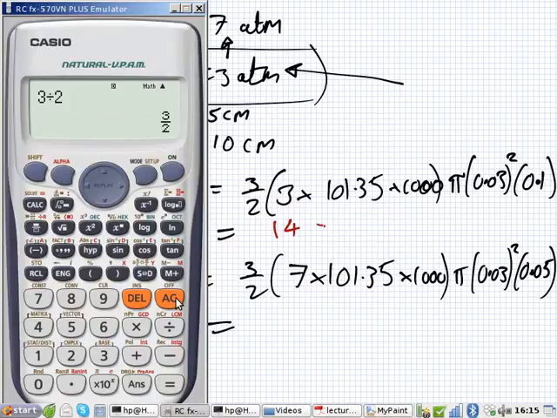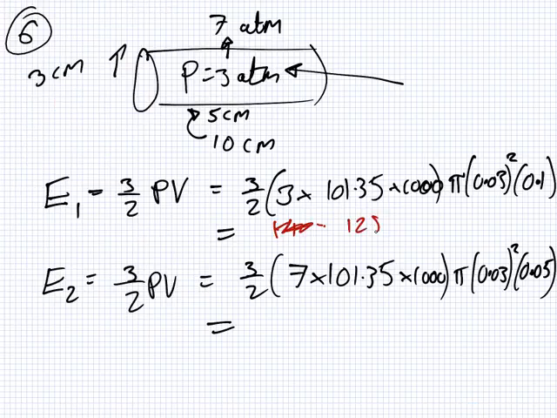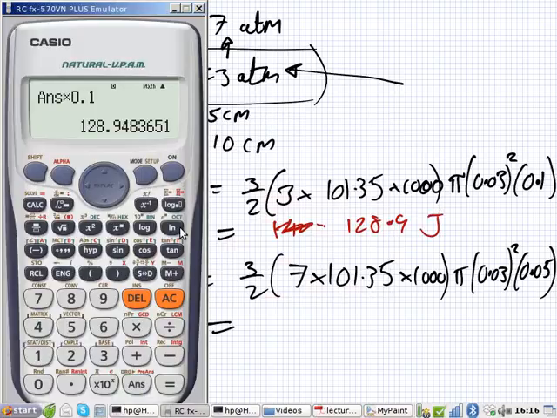3 over 2 times 3 times 101.35 times 1,000 times pi times 0.03 squared times 0.1. That gives 128.9 joules. And in the second one, 3 over 2 times 7. He didn't use pi.